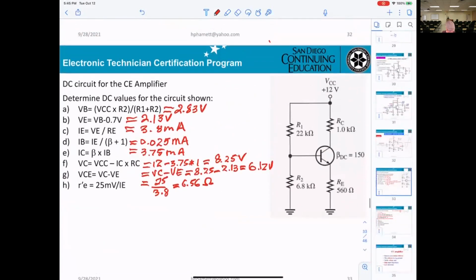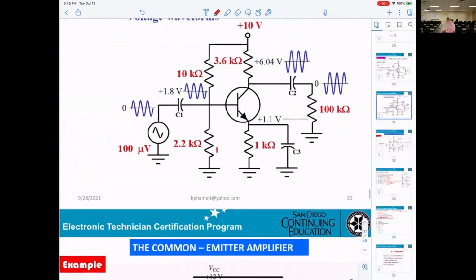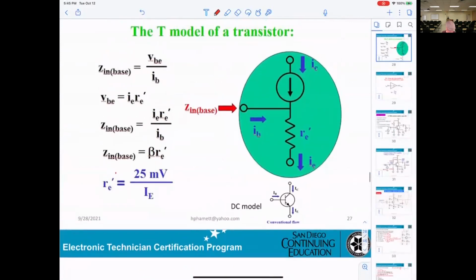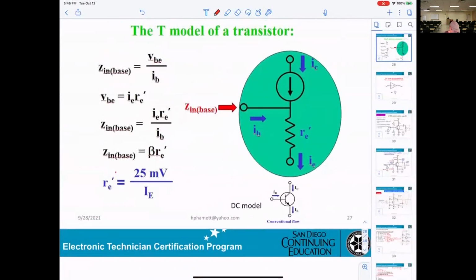And now let's see the AC model. Where? Okay. You see that? IB. VB. That means right here VB equals IB times the resistance to the ground. So what does VB equal?